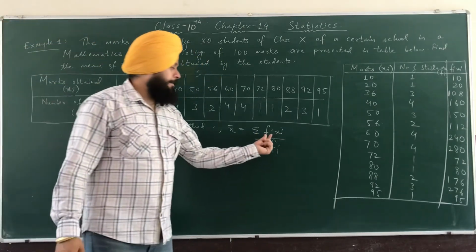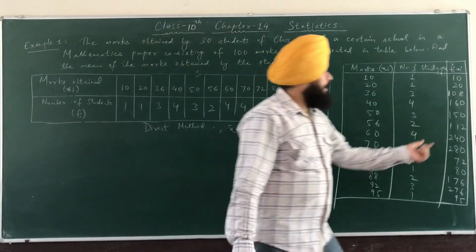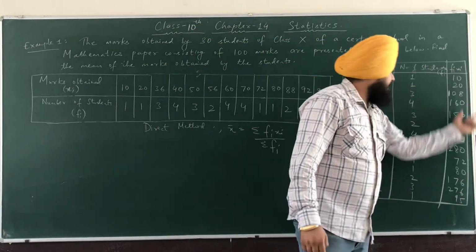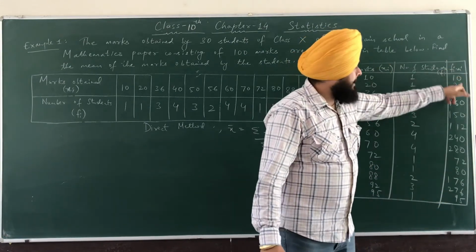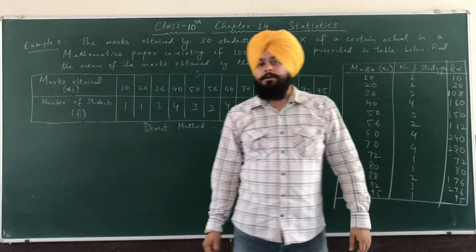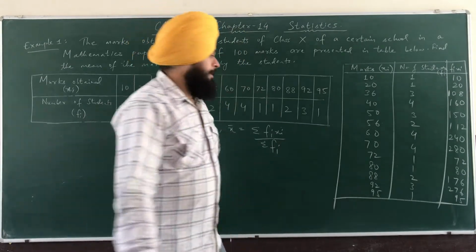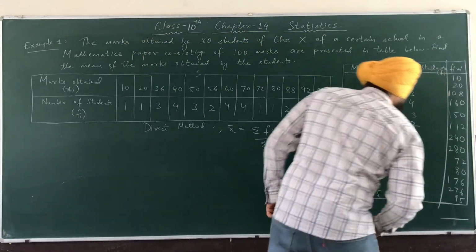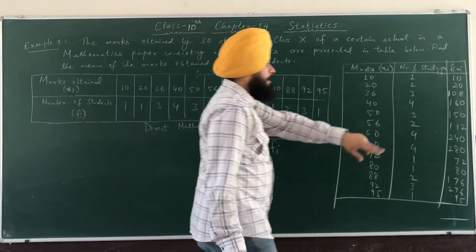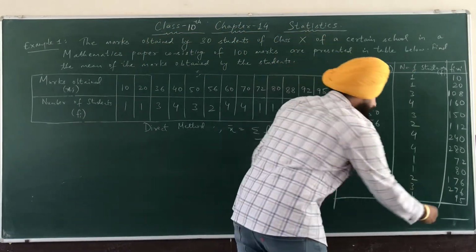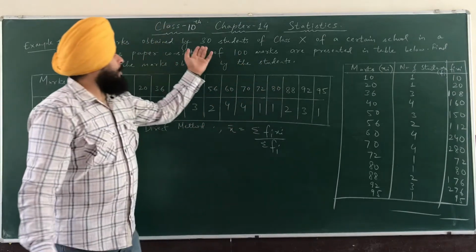So for summation fi xi, you have to find the total of the fi xi column. ठीक है, अब आप इस fi xi की जितनी भी वैल्यूज हैं सभी को टोटल करोगे. Clear? So what is the sum? And then you will divide it by summation fi. You also find the summation of the frequency. We know the total students are how much? 30.